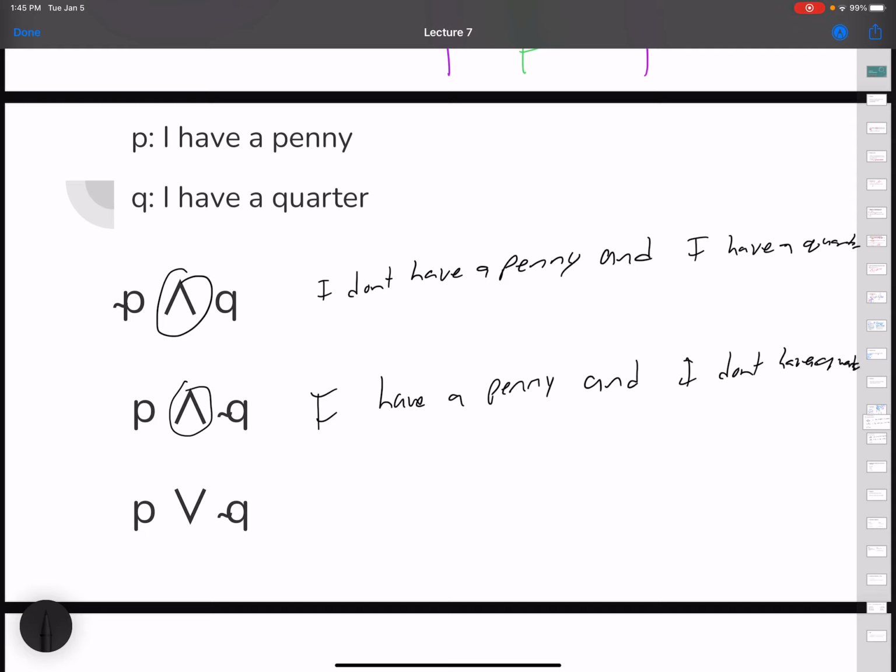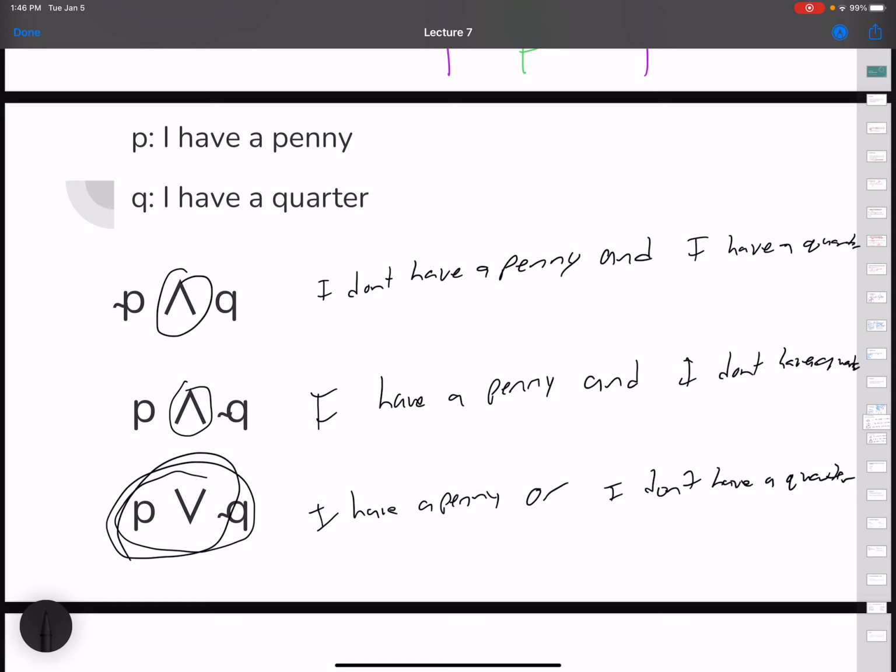And then in the last case, we have I have a penny, or I don't have a quarter. Just translating these directly into words from their simple statements.